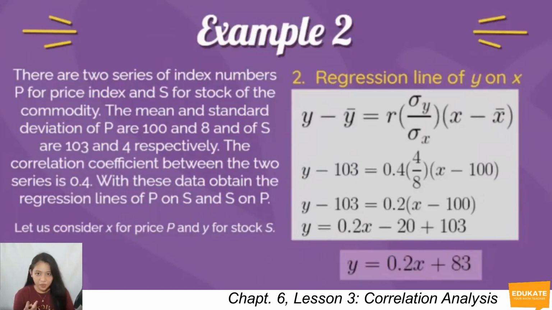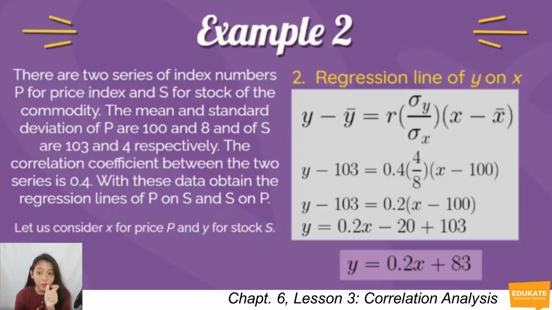For the next one, we're going to have regression line of Y on X. So we have Y minus the mean of Y equals R times the standard deviation of Y divided by the standard deviation of X multiplied to X minus the mean of X. From our given, we have Y minus 103 equals 0.4 times 4 over 8.